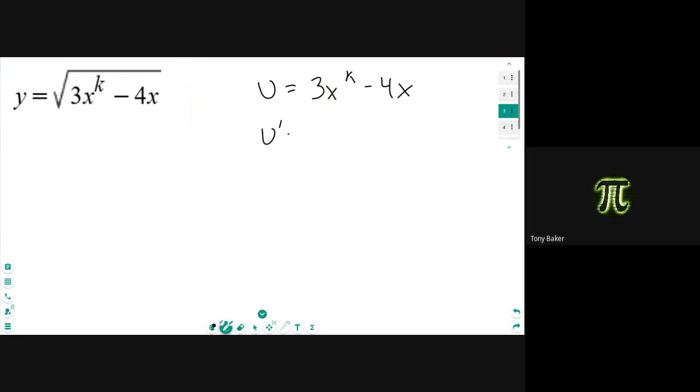Find the derivative of that. What's the derivative of 3x to the K? Almost. You forgot the exponent on the x. So it'd be K minus 1. And what's the derivative of negative 4x? This negative 4.